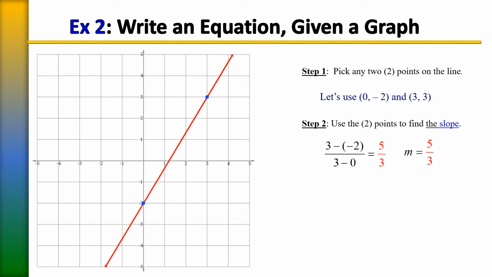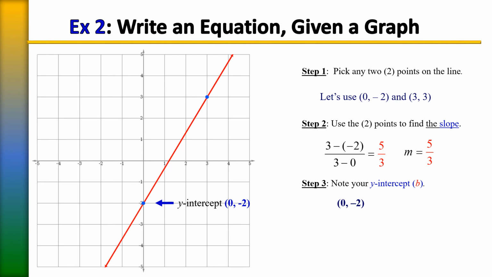Once you know your slope, we also know the y-intercept, the point where it touches the y-axis, and it touches at 0, negative 2. And once you have your y-intercept, you can go ahead and write your line. Our line then would be y equals m x, and notice our slope we just found is 5/3, so that would be 5/3 x.